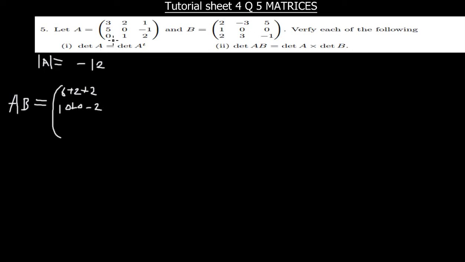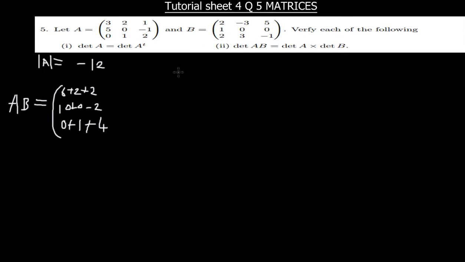And then 0 times 2, you get your 0. Then 1 times 1, you get your 1. And then 2 times 2, you get your 4. So 1 plus 4. You move on to the next column.